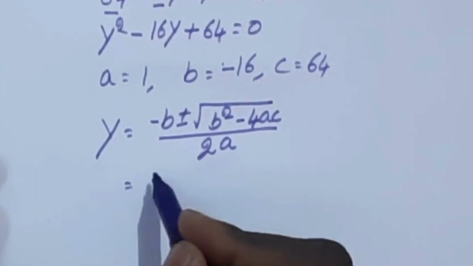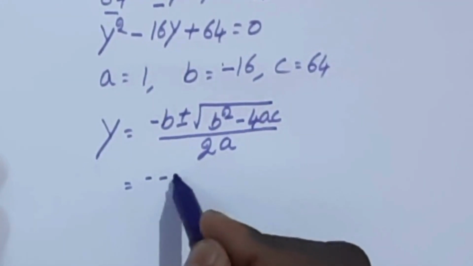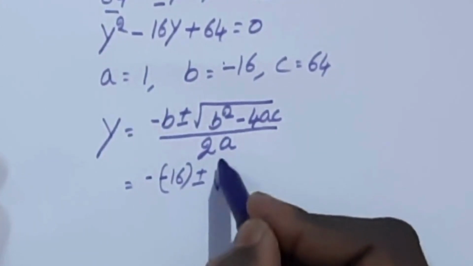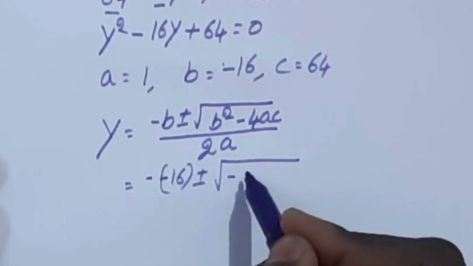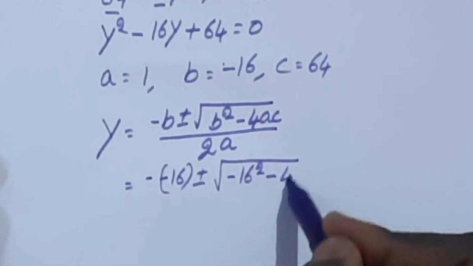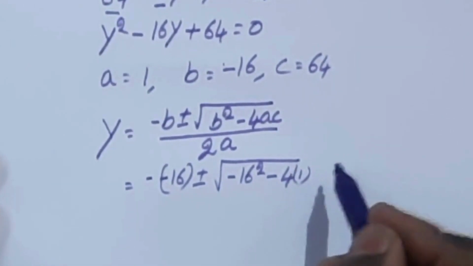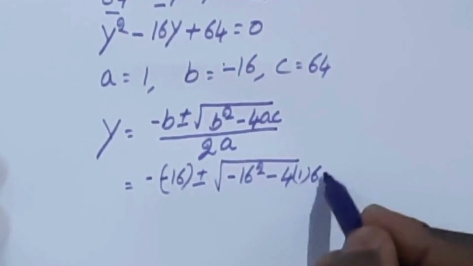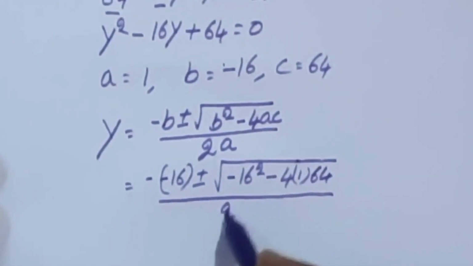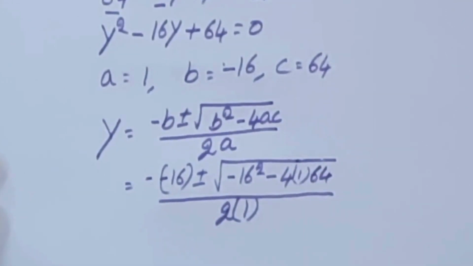Now minus 16 plus or minus square root of minus 16 square minus 4 times of 1 times of this is 64 by 2 times of 1.